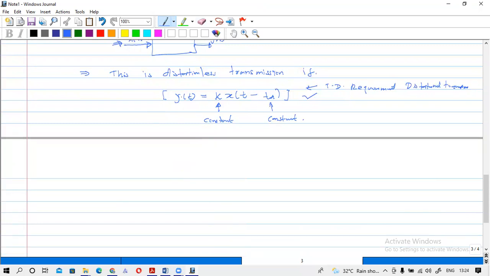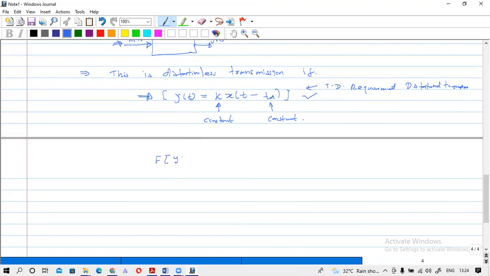If I take the Fourier transform of both sides, the Fourier transform of y(t) is capital Y(f).